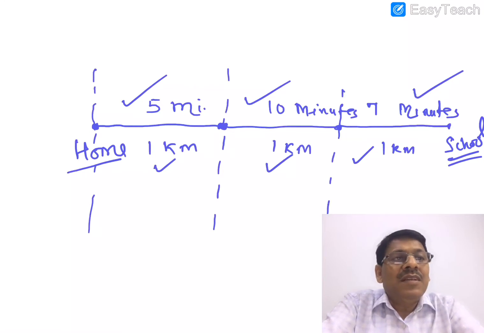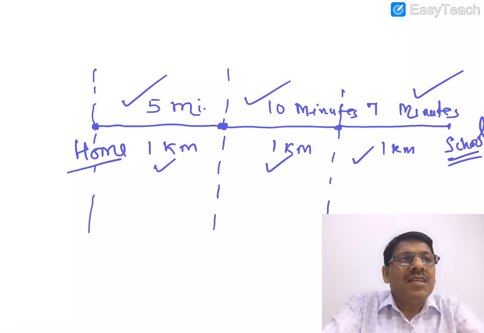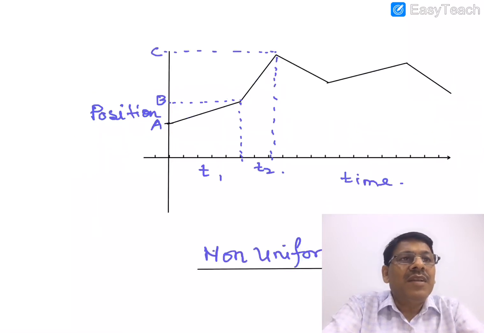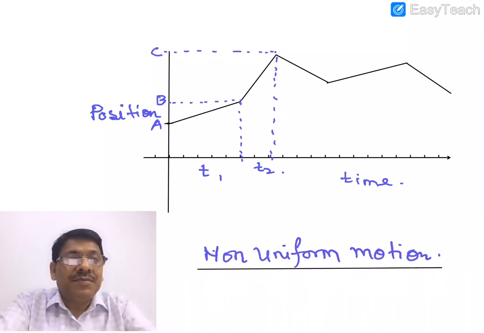Now you understand very well that non-uniform motion is the motion in which a body travels equal distance in unequal time interval or vice versa. In case of non-uniform motion, here is a position time graph.